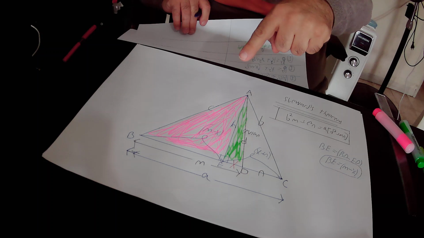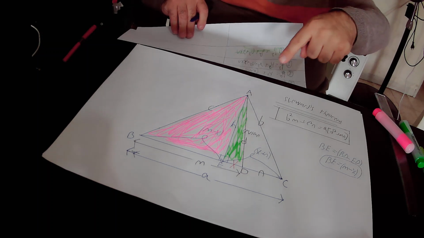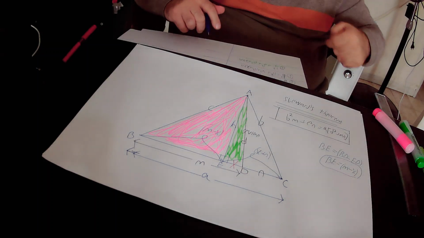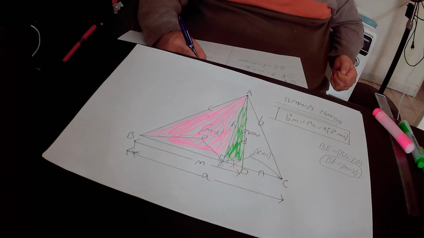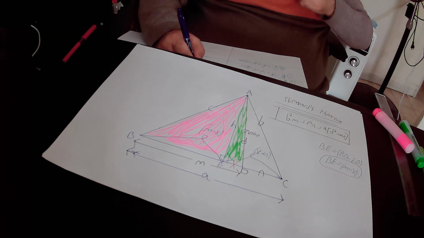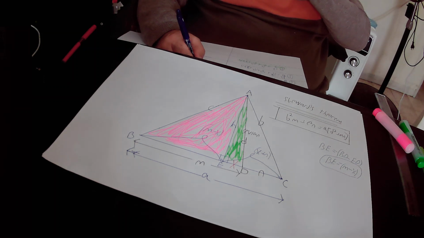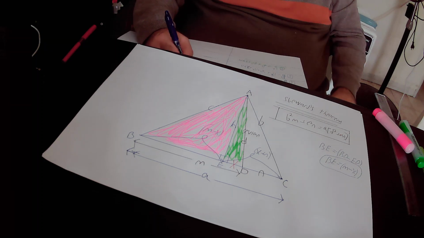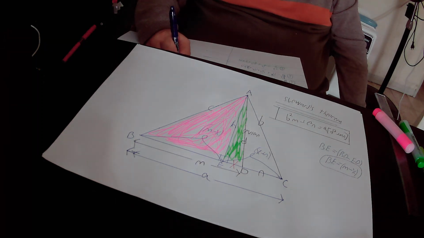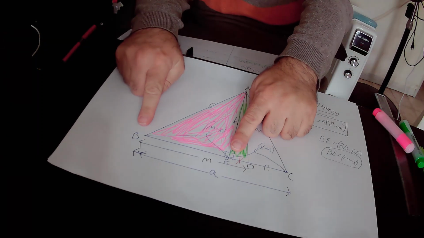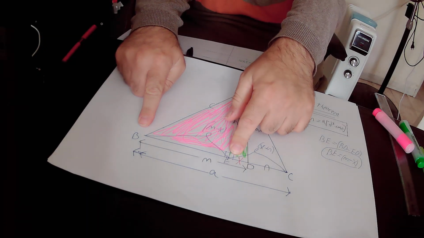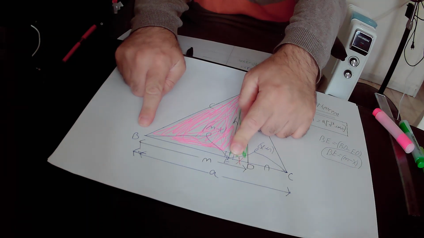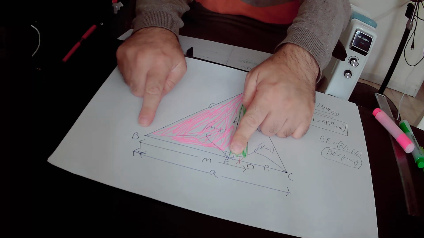The hypotenuse AB in the right triangle ABE is equal to c units. Therefore AB square is c square. That is equal to AE square. AE is h, therefore AE square is h square, plus BE square. We already found out that BE equals m minus x, therefore BE square is (m minus x) square.